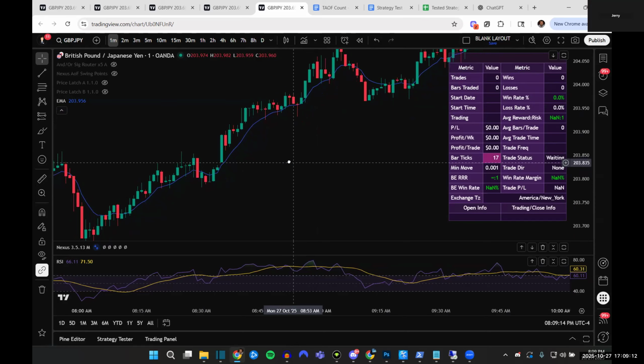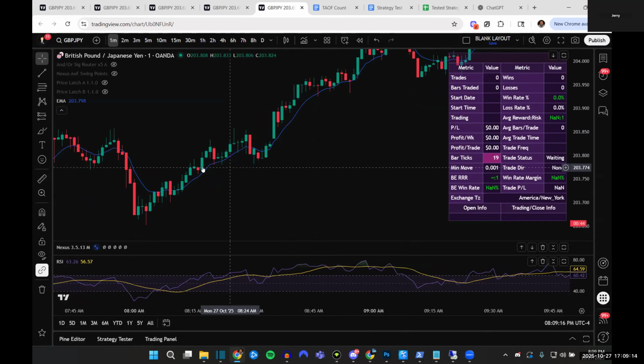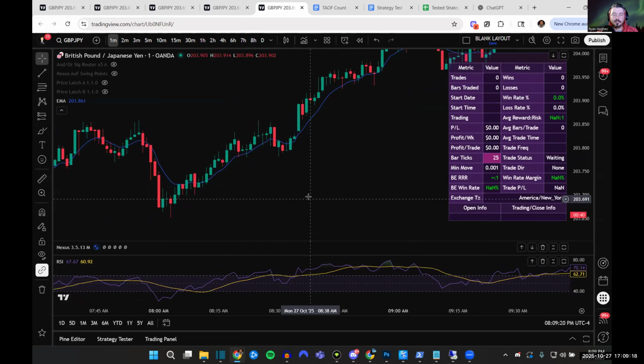And when price is crossing down below the 9 period EMA and the RSI is below the 40 level, that's going to be a short trade entry.